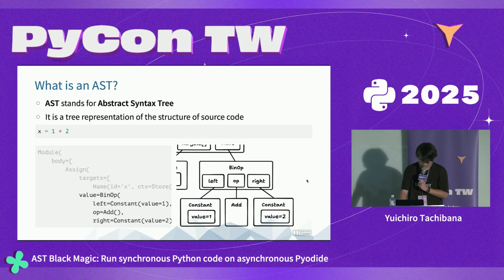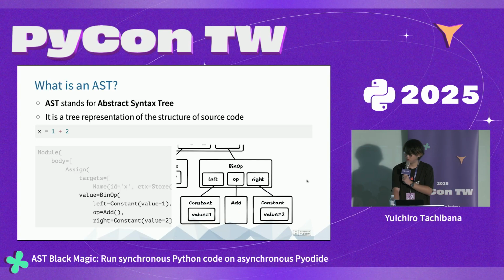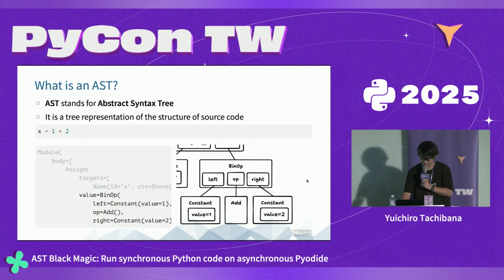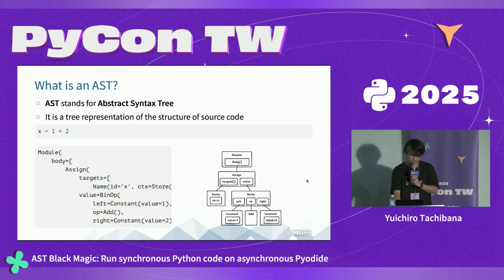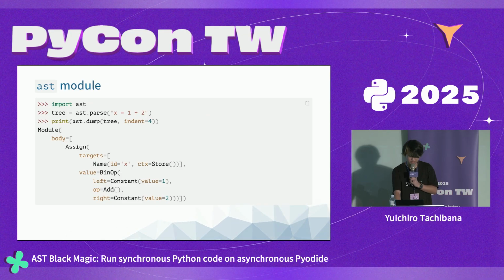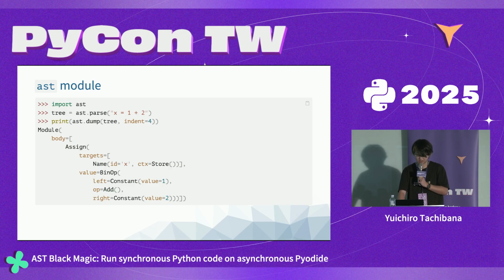It's very simple, but what's important and interesting is that every Python code can be represented in the form of a tree. That is the concept of AST, abstract syntax tree. Python provides a built-in module named ast to operate on ASTs.